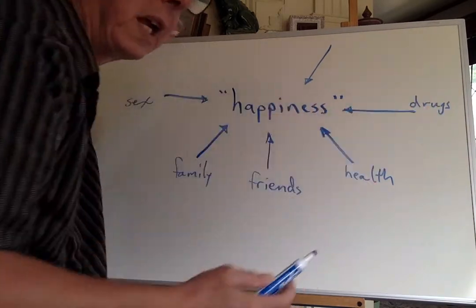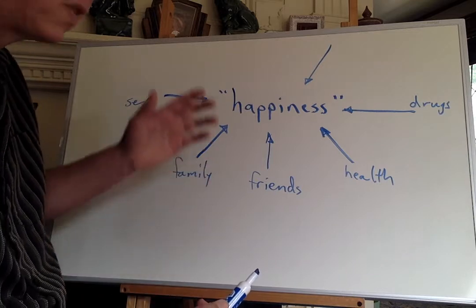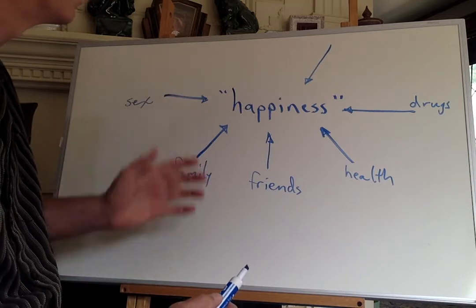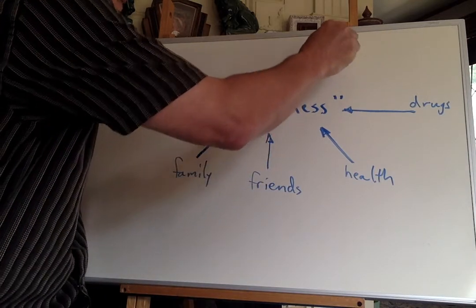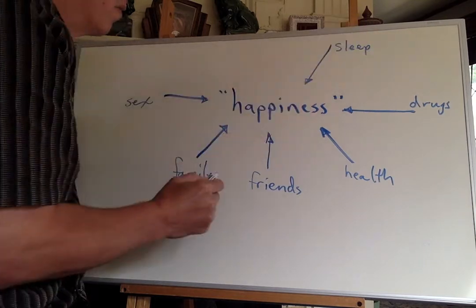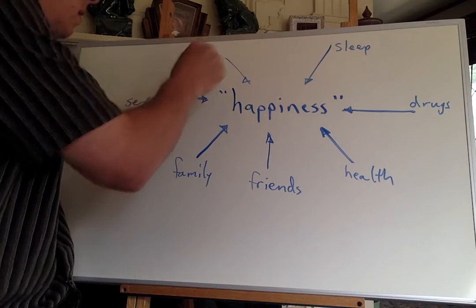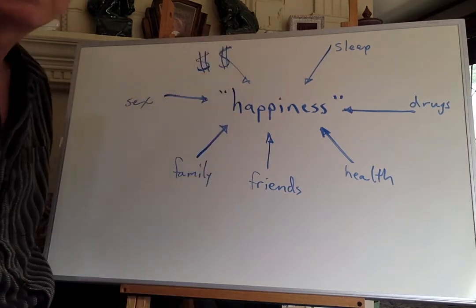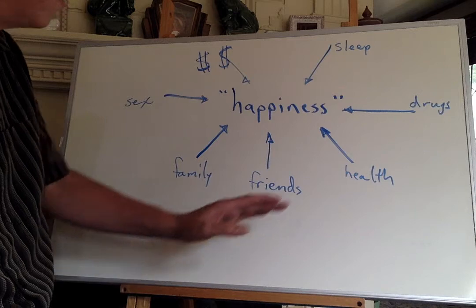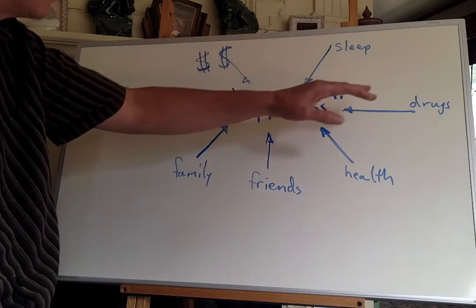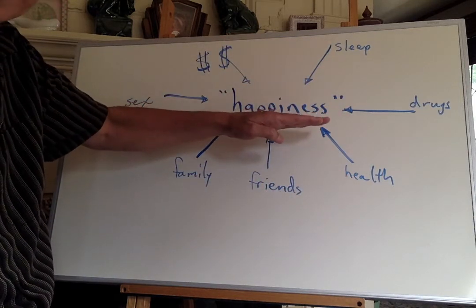I mean, these are candidates, right? These types of things may influence happiness, or we could say the amount of sleep that you get, okay? Or maybe money, right? Does money influence people's happiness? So these are other variables that could have an impact on happiness.